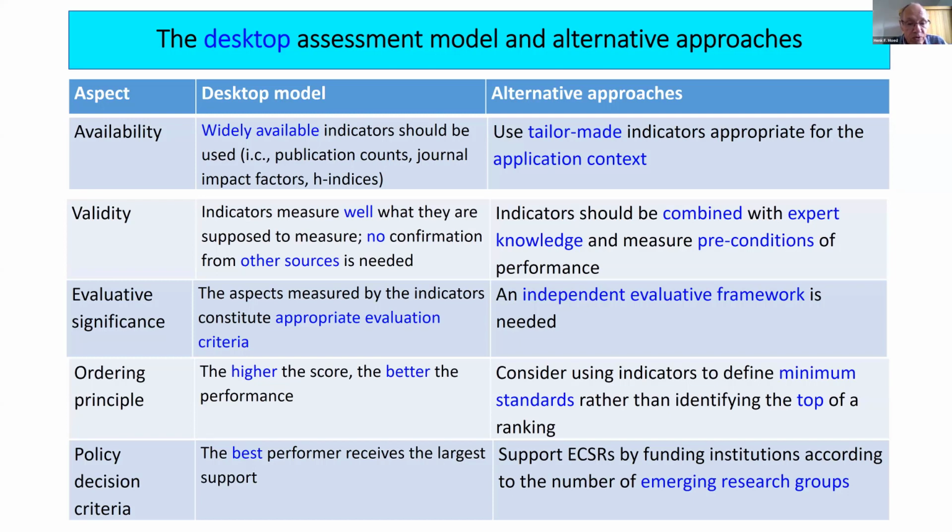Then it's not necessarily the best performer that obtains more funds, but the institution that stimulates emerging research that deserves a relatively large share of funding. It's just an example to show that these simplistic assumptions in a desktop model can be challenged, and there are alternative ways in which one can use the indicators.